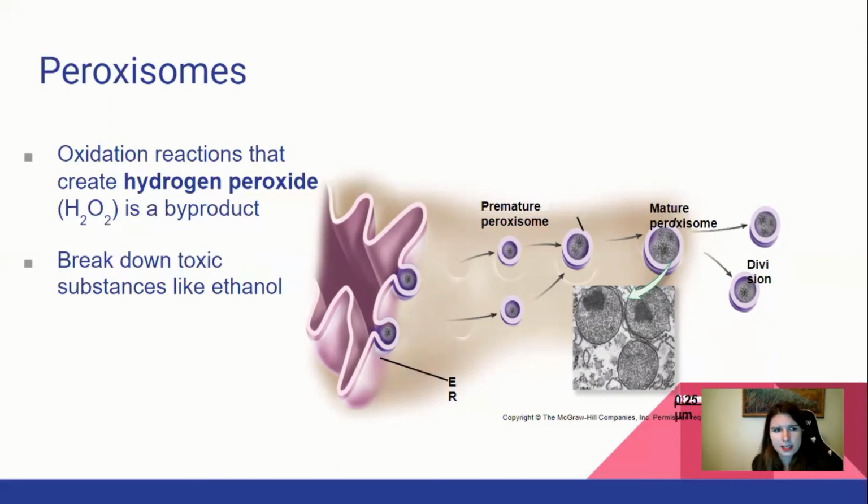It's specifically going to be creating hydrogen peroxide as a byproduct, which is just to say it's going to have some intense chemicals that would be harmful to the cell that it's producing as it's breaking down toxins. So it's really important that this is also all surrounded by a membrane. So the peroxisome also looks a little like a vesicle, kind of like a little baggie with some stuff inside.